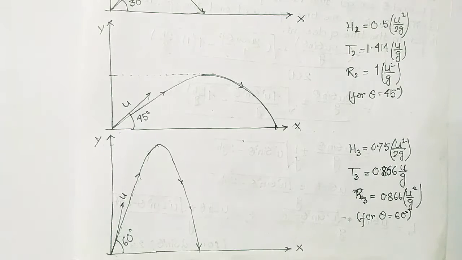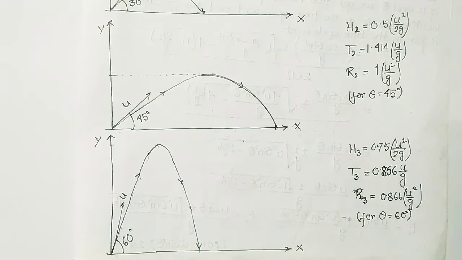So I think from this graphic analysis you can get an idea, and I think this has gone deep into your mind, that not only why at 45 degree the range will be maximum, but what is the cause behind it.